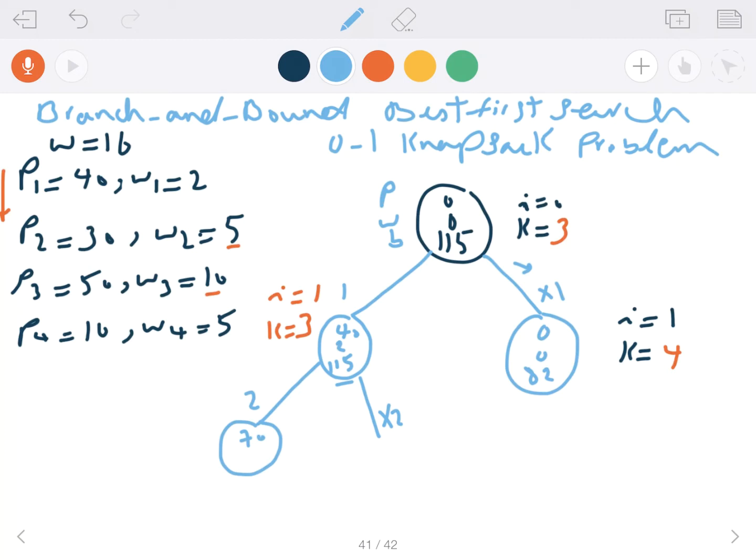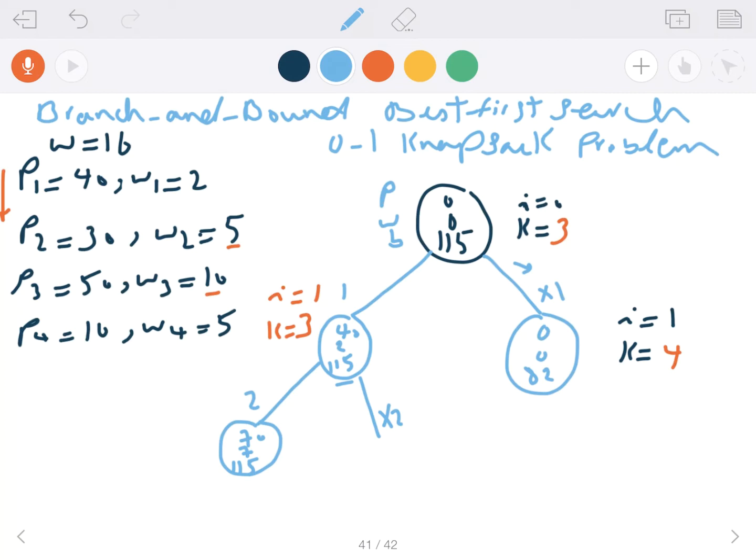Together we're getting 70, because item number 1 has 40, item number 2 has 30. So together the total profit is going to be 70 so far. The weight is going to be 7. That is obvious because 2 and 5, the weights of item number 1 and 2, make 7, and the bound will stay 150.